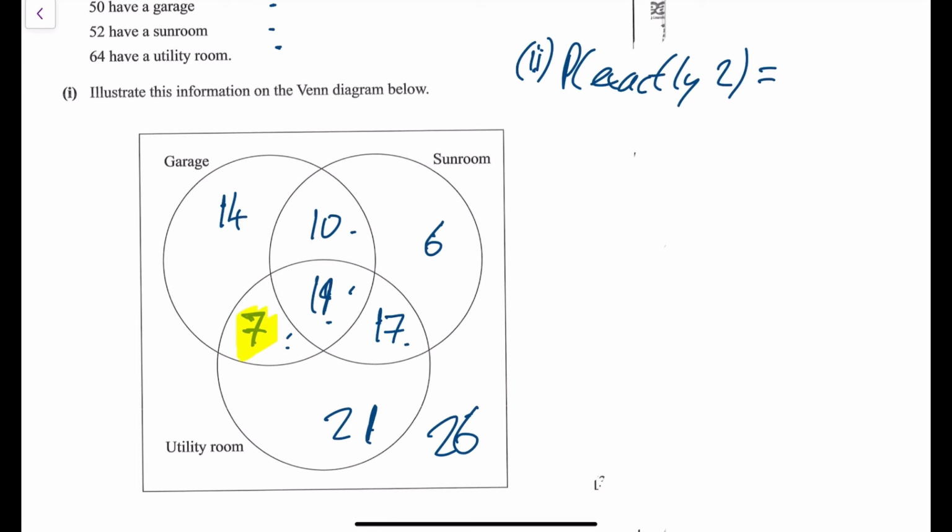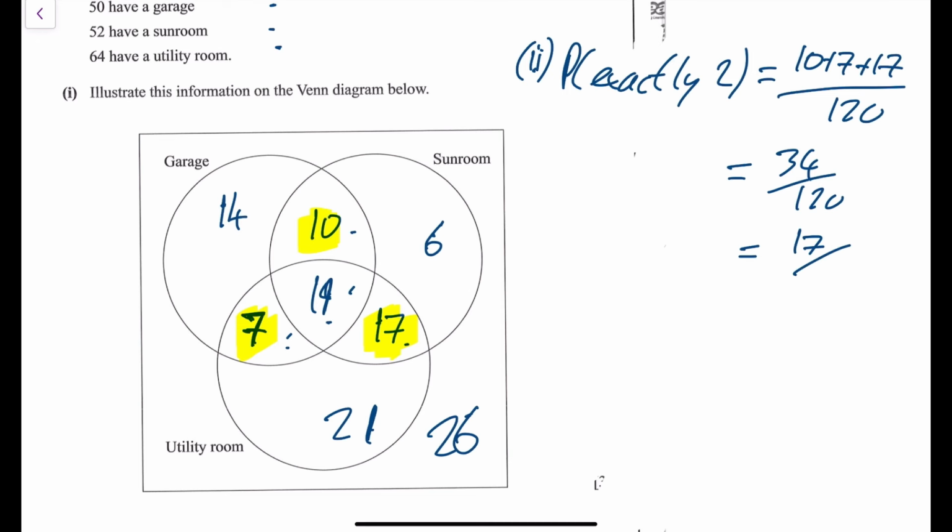So 7 people here, 10 people here, and 17. They have exactly 2. So that's 10 plus 7 plus 17 out of my total of 120. That is the same as 34 over 120, or 17 over 60. Again, you could give that to 2DPs. 17 divided by 60 is 0.28 to 2DPs. Because it's probability, I really think they're going to want this as their answer.